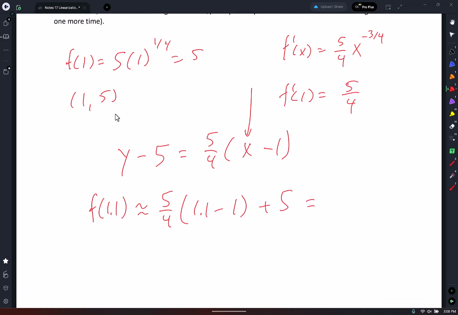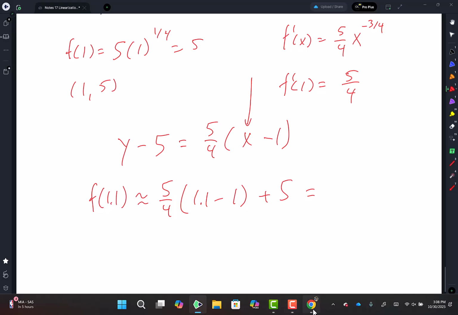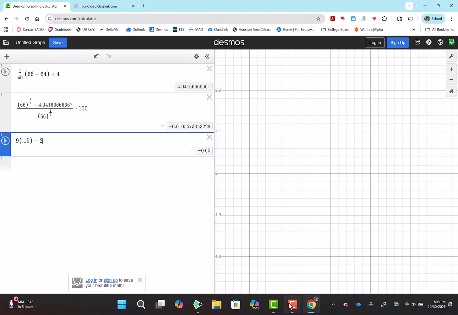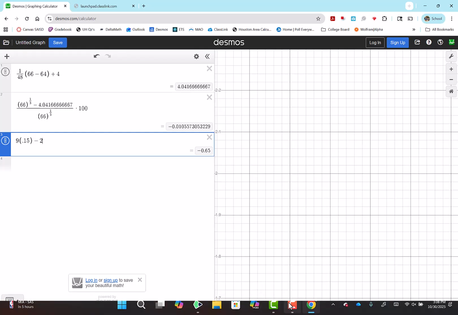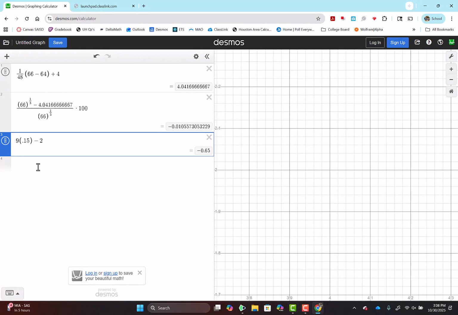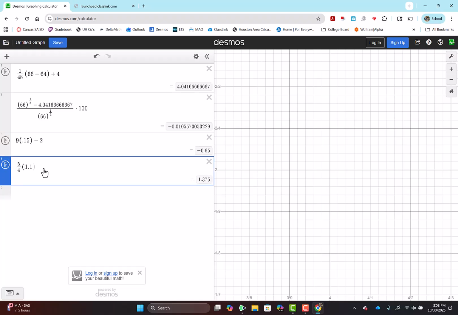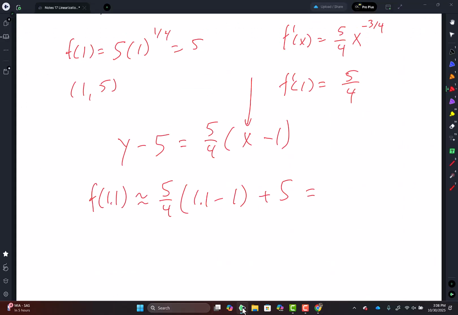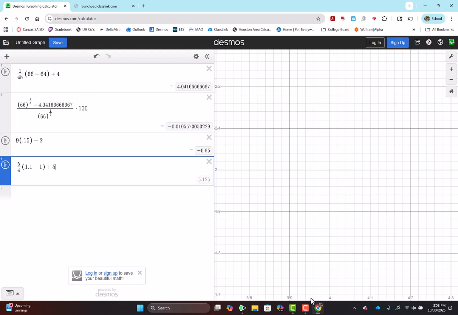Let's see, 1.25 times 0.1. I'll just write 5/4 times (1.1 minus 1) plus 5. That gives 5.125.